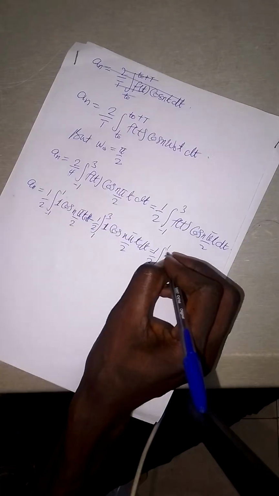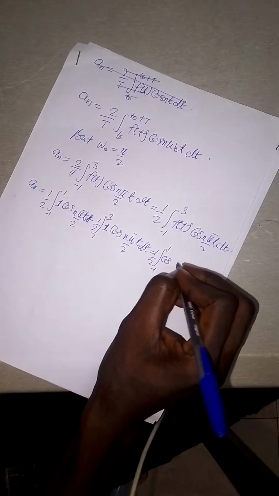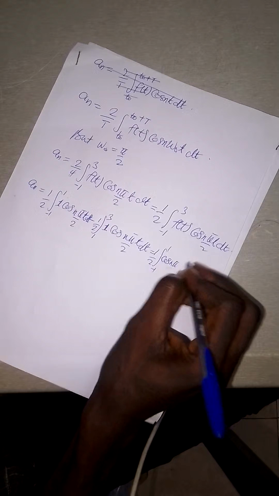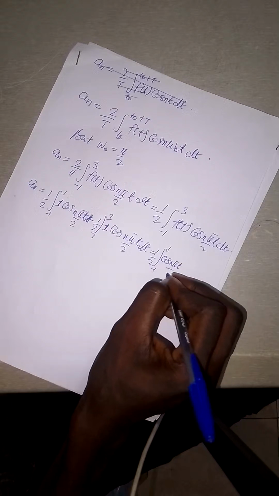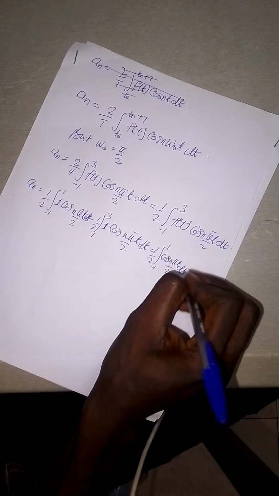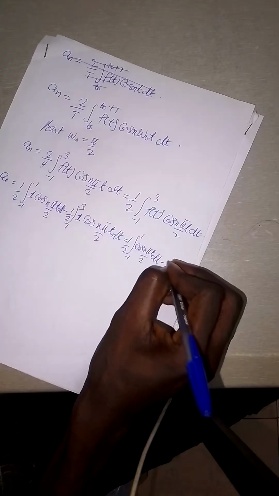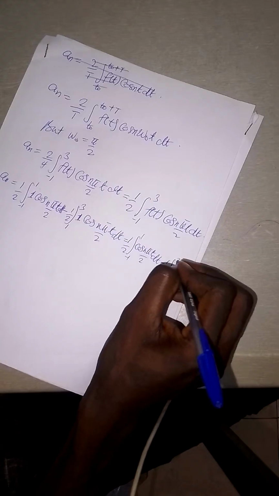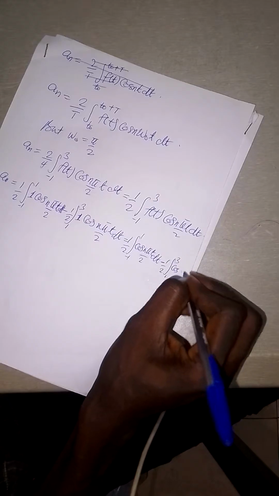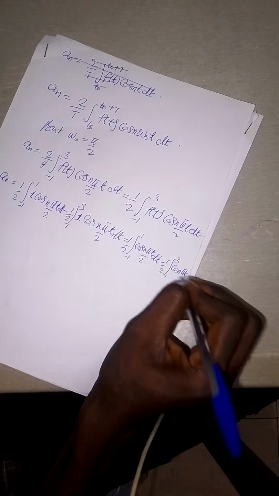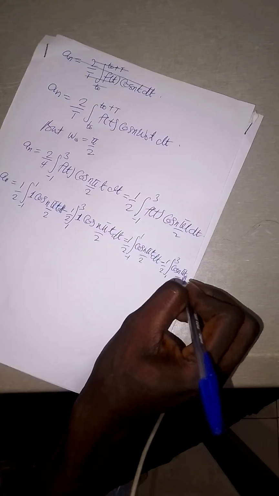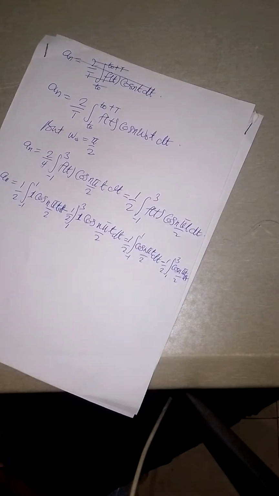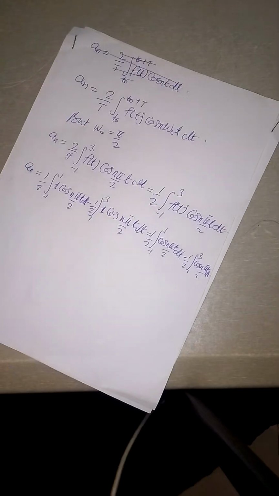So I'll remove this 1 here, and then I'll have cos n pi t over 2 dt, minus 1 over 2 into the integral from 1 to 3 of cos n pi t over 2 dt. This is what I can have at this particular stage.